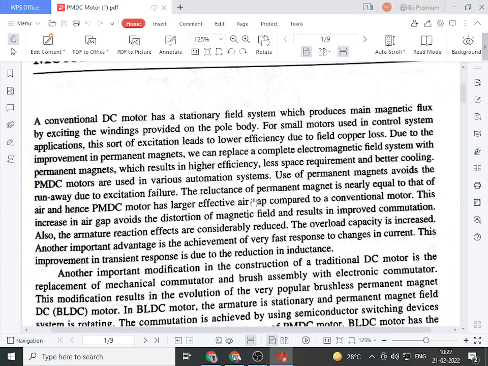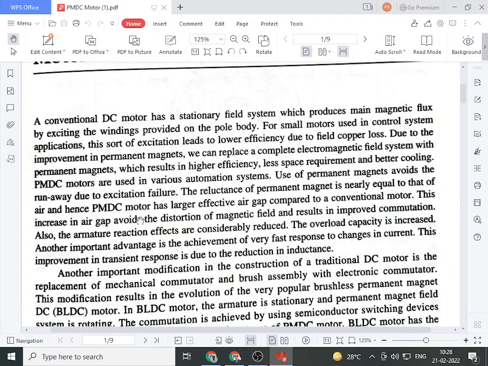Now the second important advantage of the PMDC motor is about reluctance. The reluctance of PMDC permanent magnets is nearly equal to the reluctance of air. Therefore, the PMDC motor has a larger effective air gap. The permanent magnets have reluctance nearly equal to the reluctance of the air gap, and there is an air gap between the stator and rotor structure.